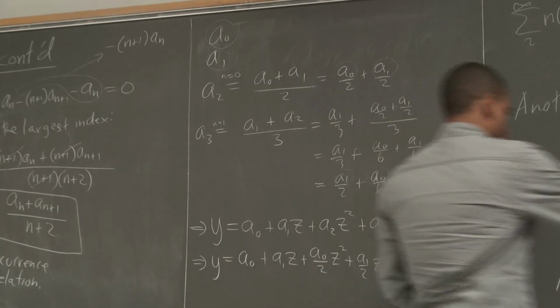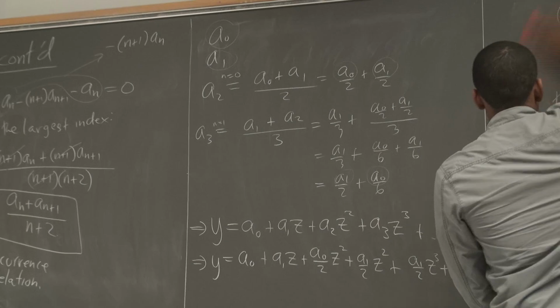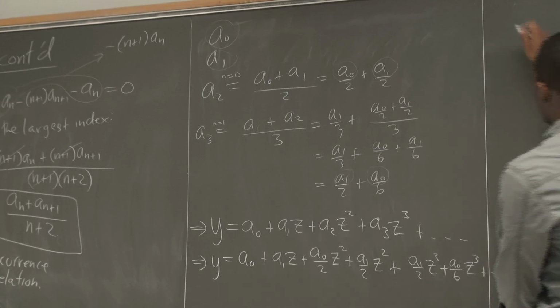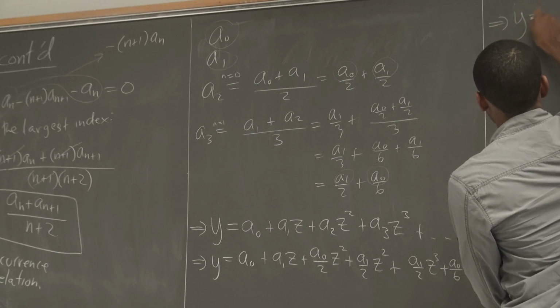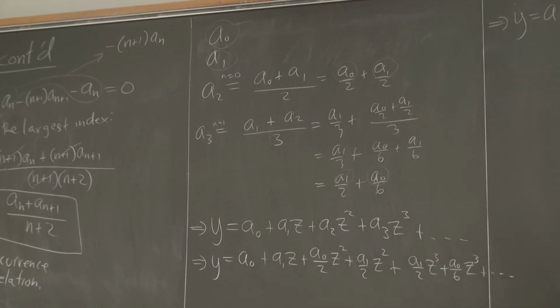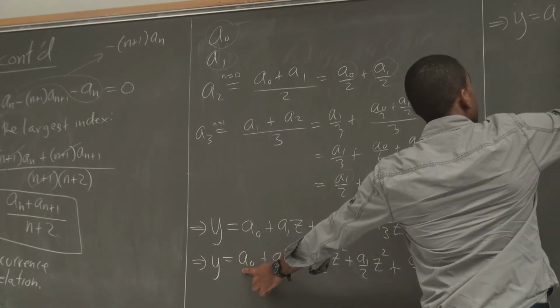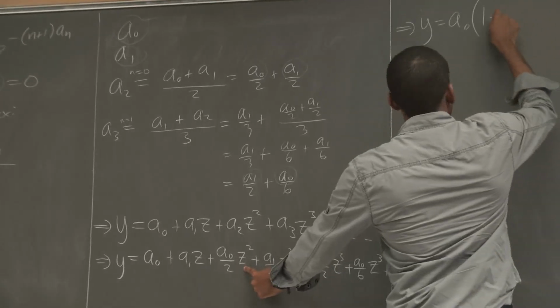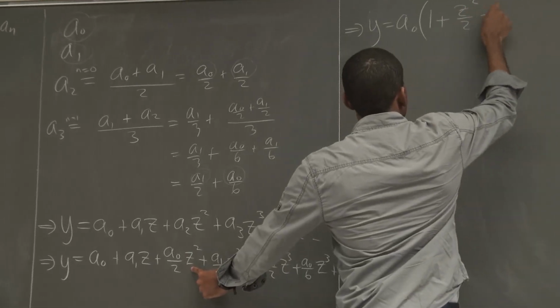Basically, now what I want to do is I want to group them. Group the A1s and A0s. So A0s, what are the A0s I have? I have 1. I have z squared over 2.